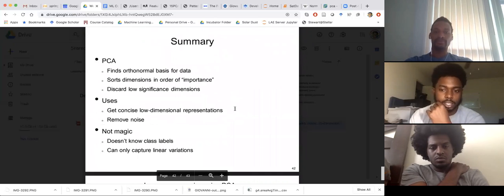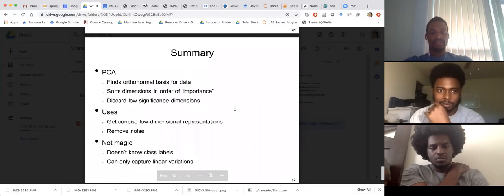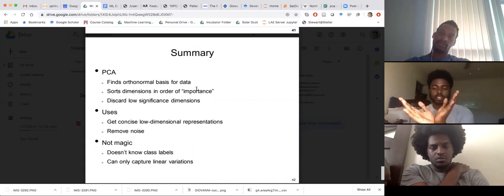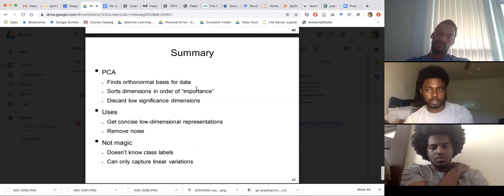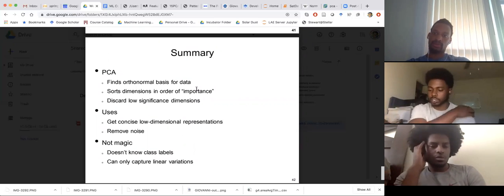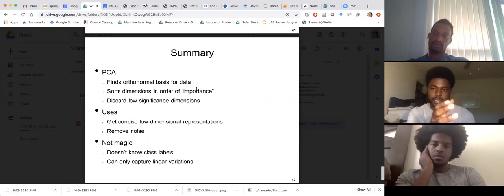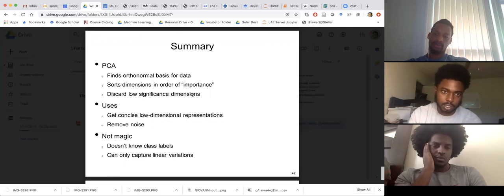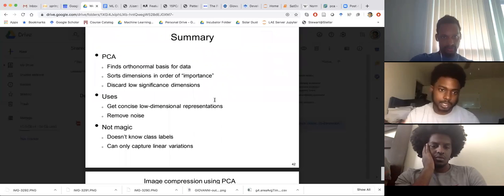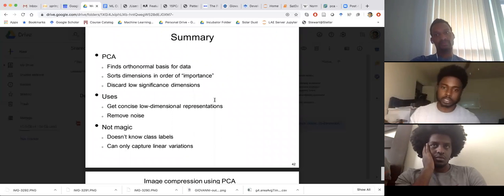In summary, PCA finds the orthonormal basis of the data, so you get unique features that are independent, source dimensions in order of importance. So you're able to determine how much information within my data set is captured in order of importance, and then it discards low significance dimensions. You might take K of your D dimensions.